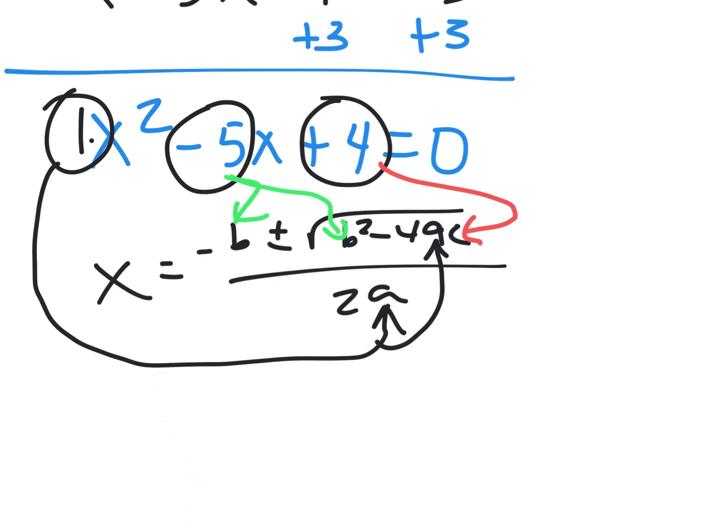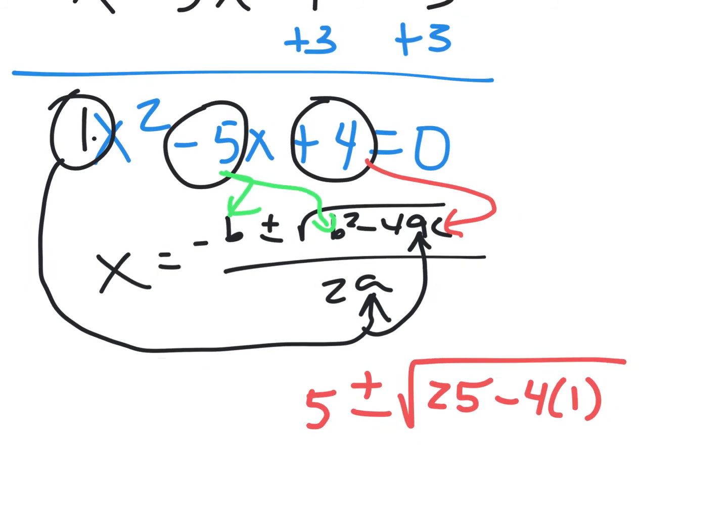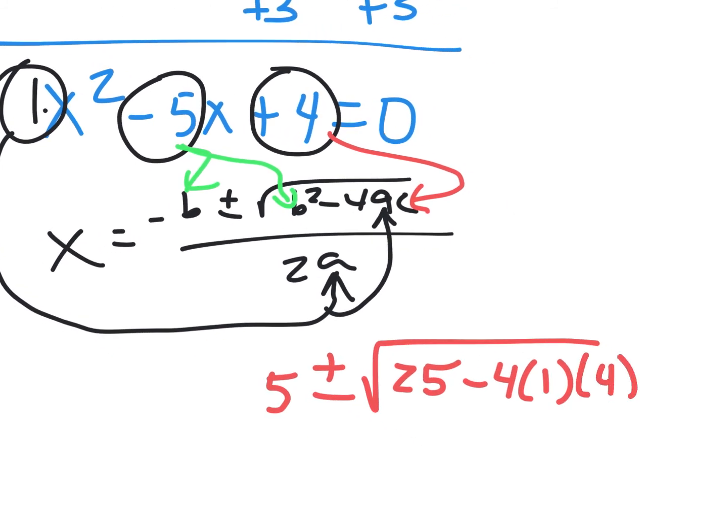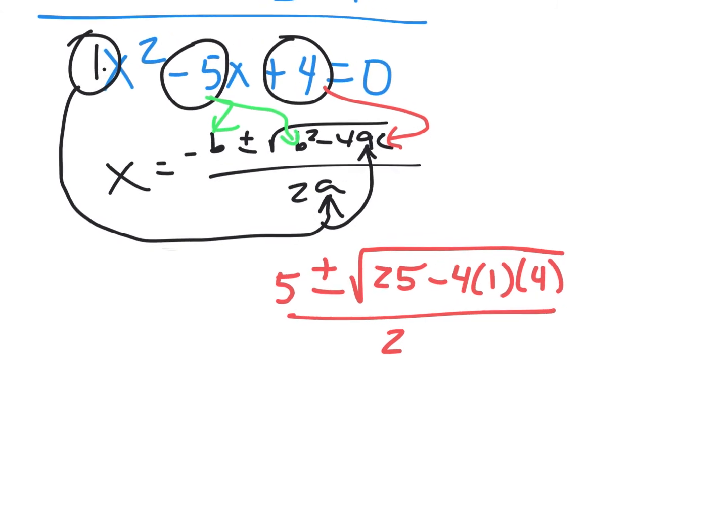Negative of negative 5 makes 5, plus or minus the square root of negative 5 squared, which is 25, minus 4 times a, which was 1, times c, which is 4, all over 2a, which is 2 times 1, which is 2. There is that problem, the hardest one that'll be on this sheet.